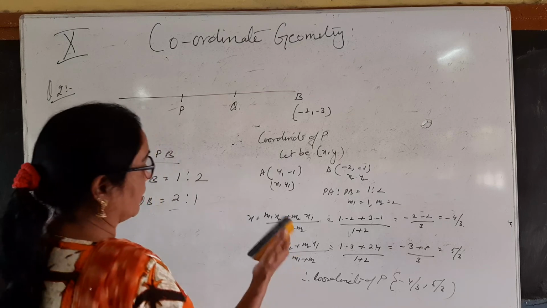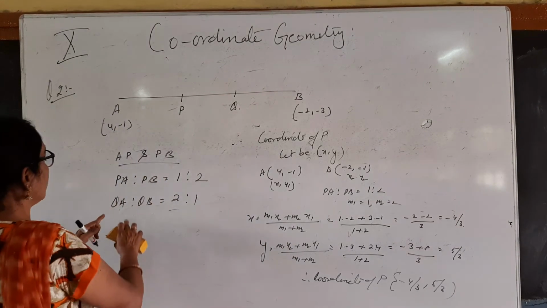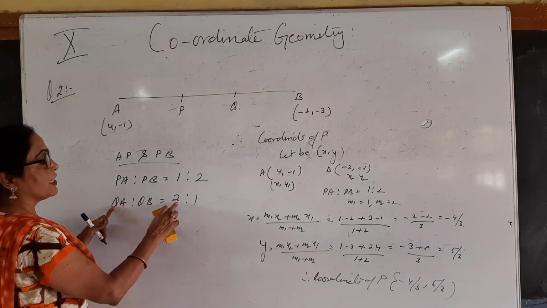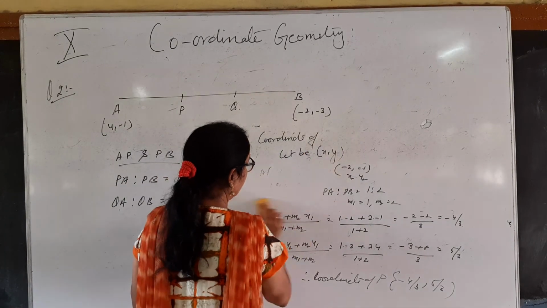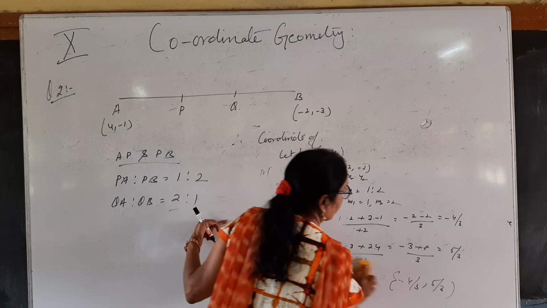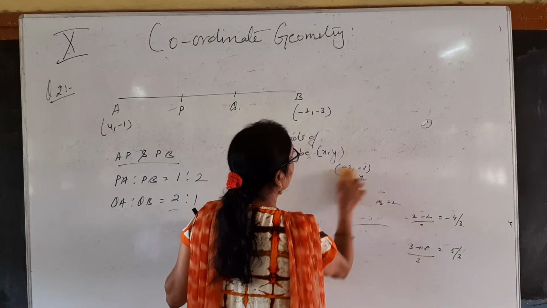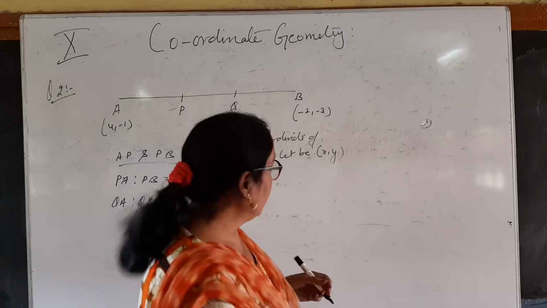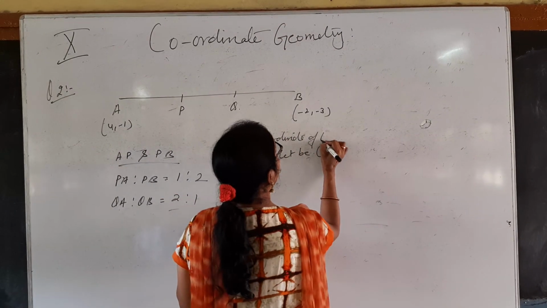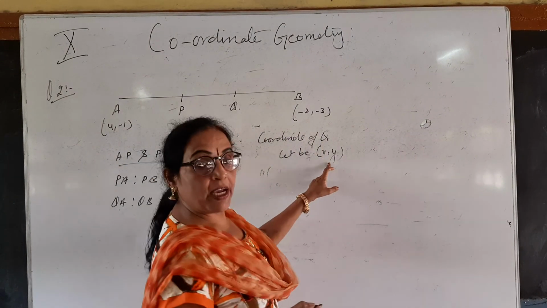Now we will find the coordinates of Q. Now Q divides QA is to QB in the ratio 2 is to 1. Again it will divide internally only. Let the coordinates of Q be (x, y).